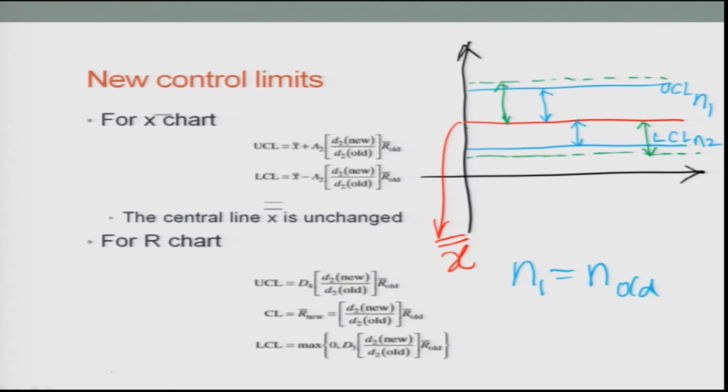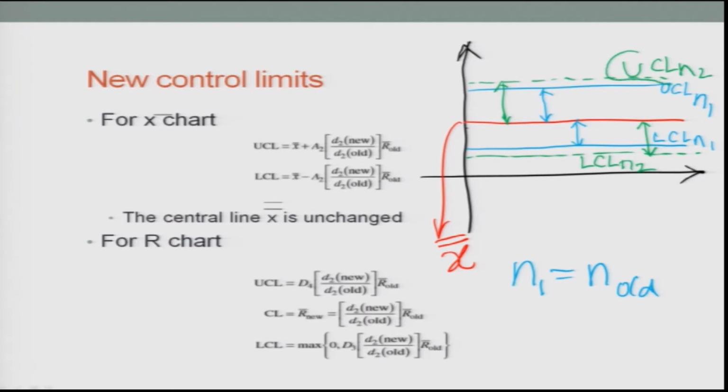When I come back to this, this would be the lower control limit. Oh, so sorry, my mistake, I should change it. So, when I come to the old one, this will be the upper control limit for N2.